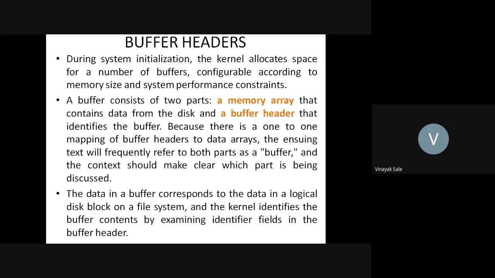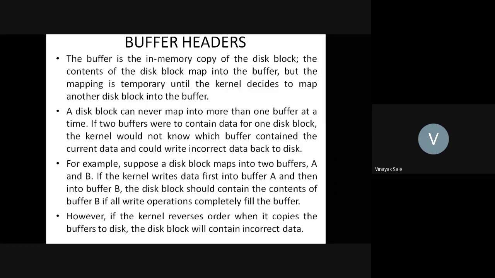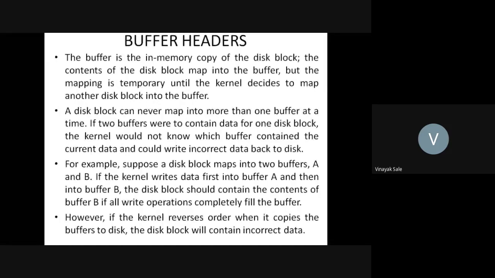The data in the buffer corresponds to data in a logical disk block on a file system, and the kernel identifies the buffer contents by examining the identifier fields in the buffer header. So the buffer is an in-memory copy of the disk block.